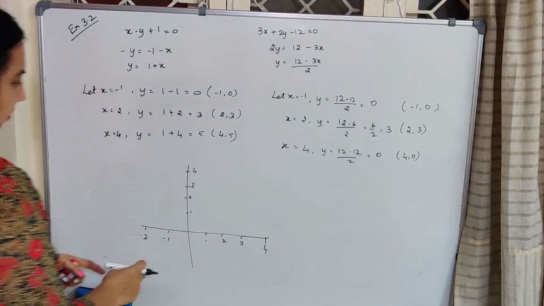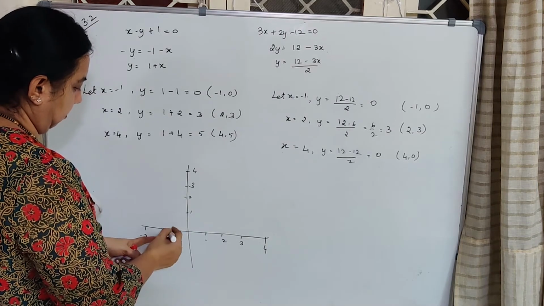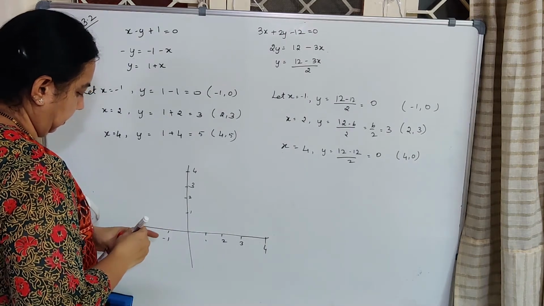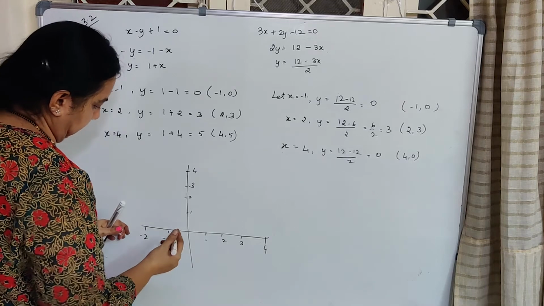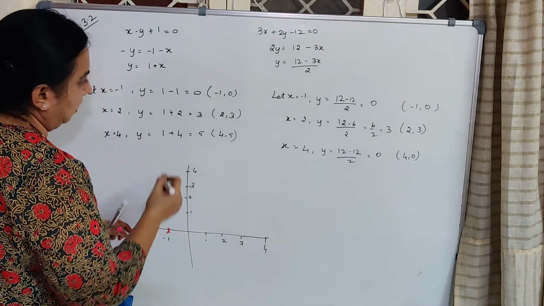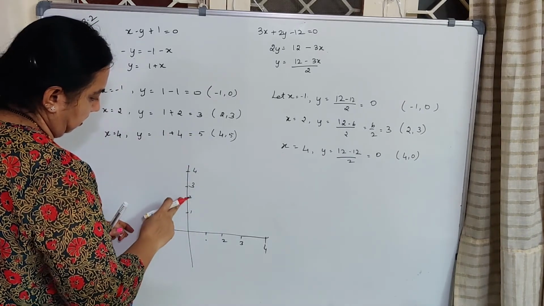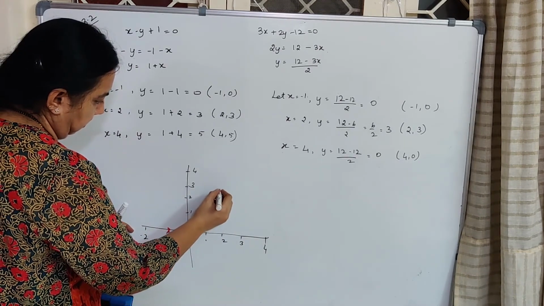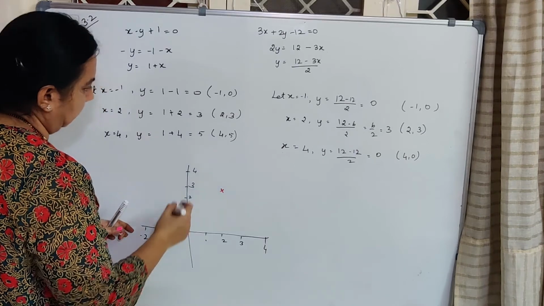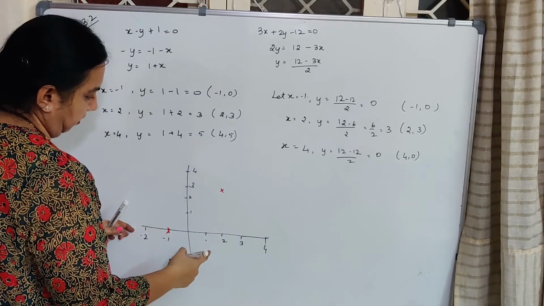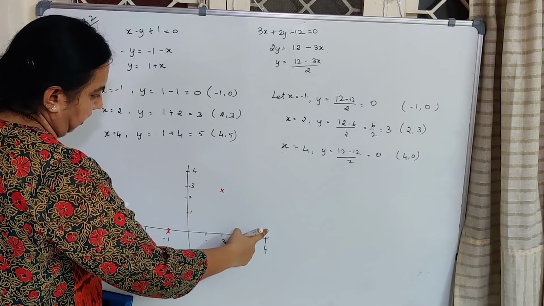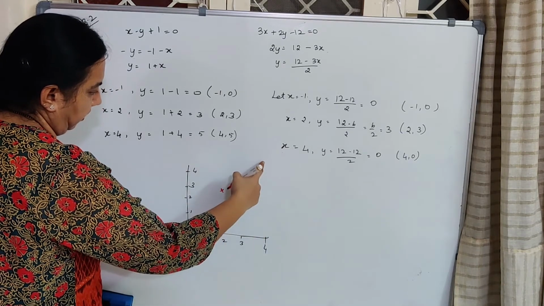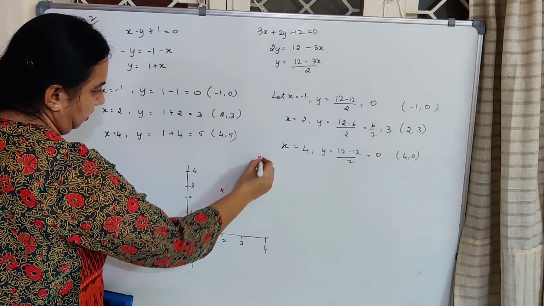Now minus 1 and 0, so one of the points of intersection will be here. Then 2 and 3, 2 here and 3 here, to make a triangle. 4 and 5 will be here.